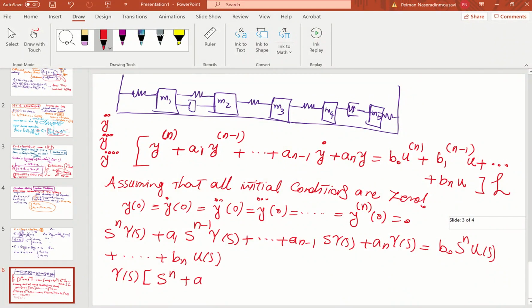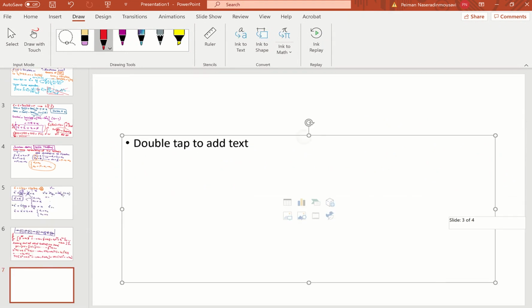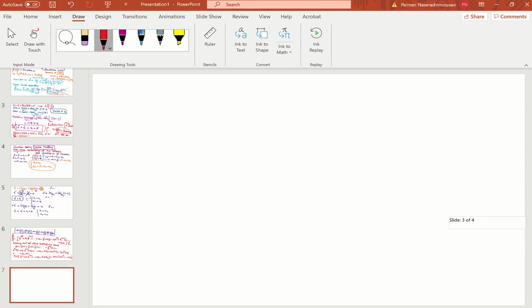So simply from here you can say Y(s) times (s^n plus a_1 s^(n-1) plus up to a_(n-1) s plus a_n), where s is the frequency variable, is equal to U(s) times (b_0 s^n plus up to b_n). Based on undergraduate control, the transfer function is the output over the input of the system.